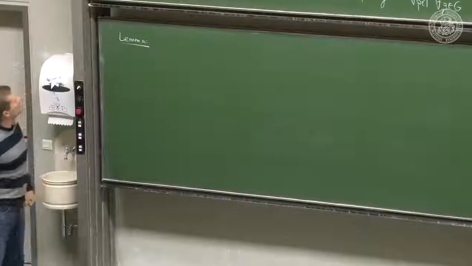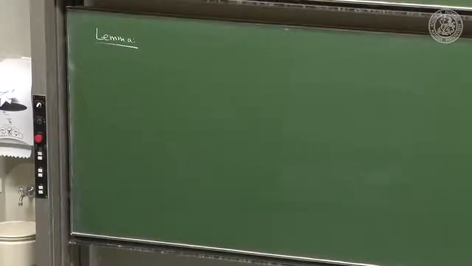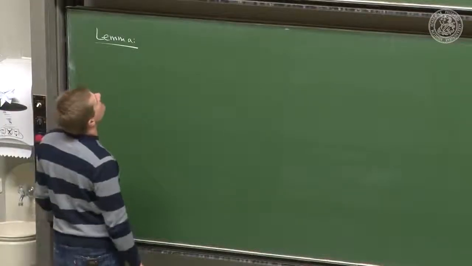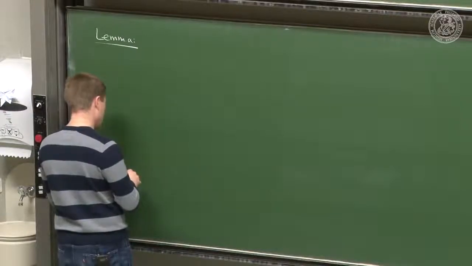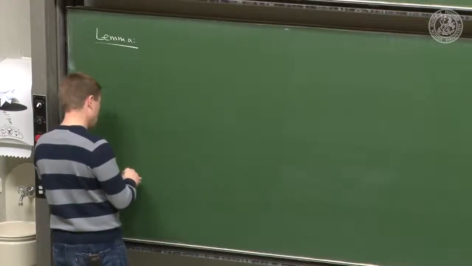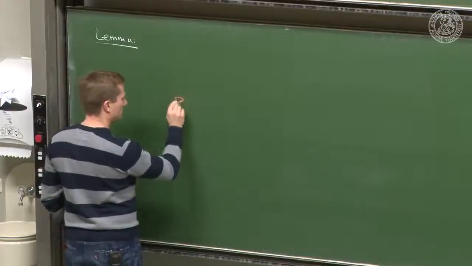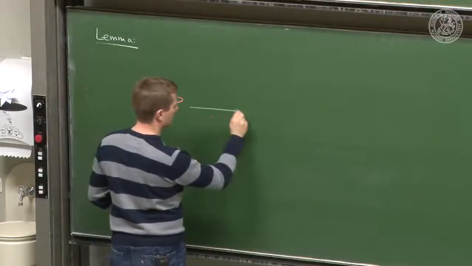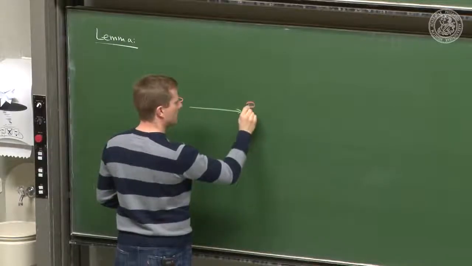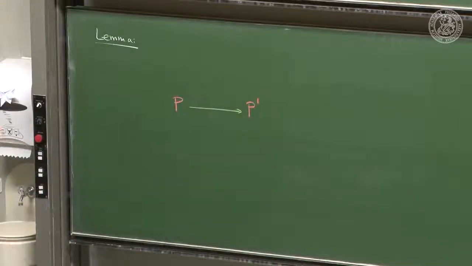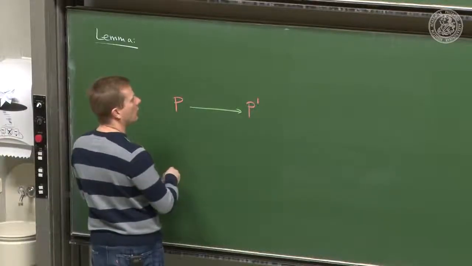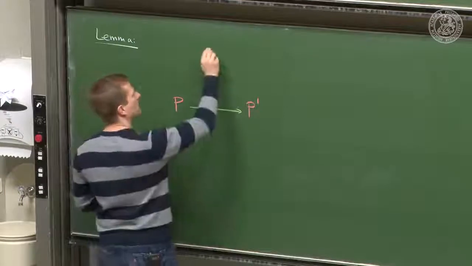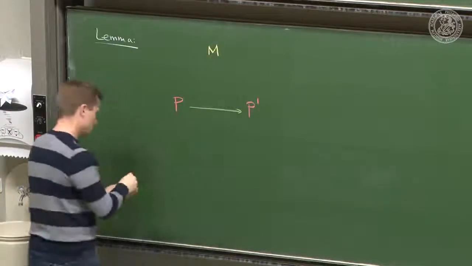So principal bundle maps are a stronger notion than a bundle map, and a consequence of this stronger notion is expressed in the following diagram: P to P prime. So we consider again two principal bundles, and we have them over the same base manifold, M. Okay?